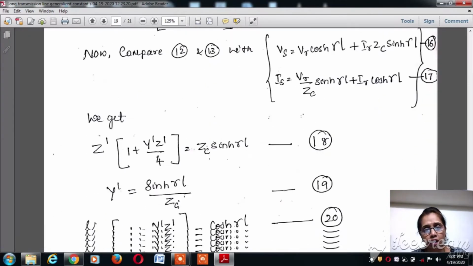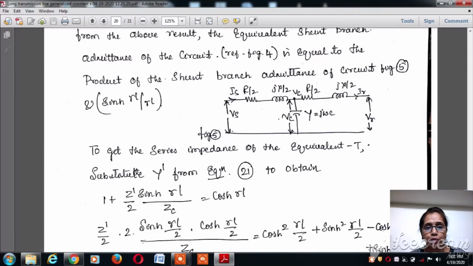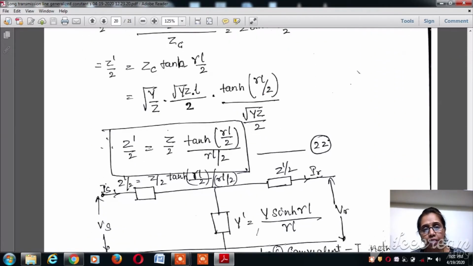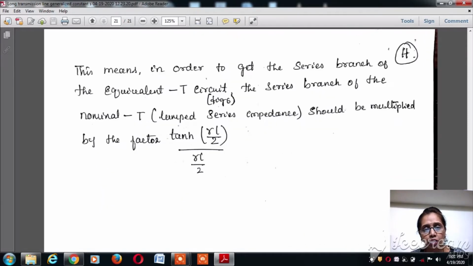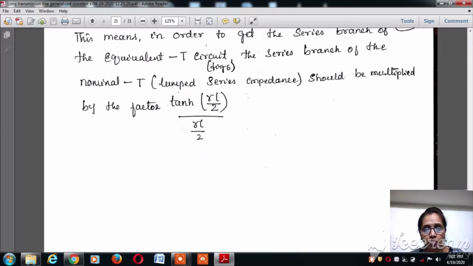So in all, we understood that the long transmission line can be analyzed with the help of the rigorous method and ABCD parameters, and it is very easy to find the ABCD parameters, and then we will be able to analyze the entire performance of the transmission line with the help of this.